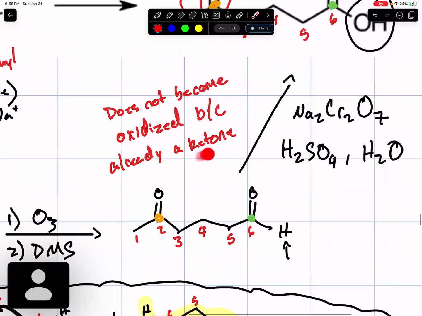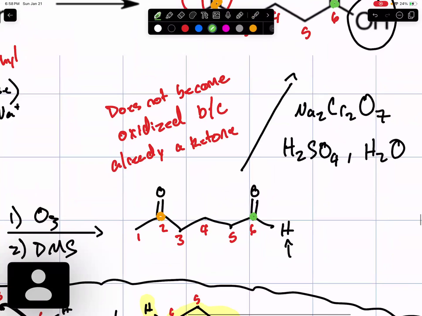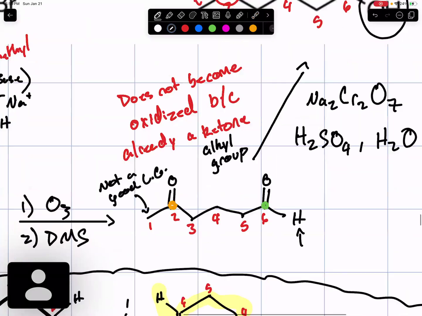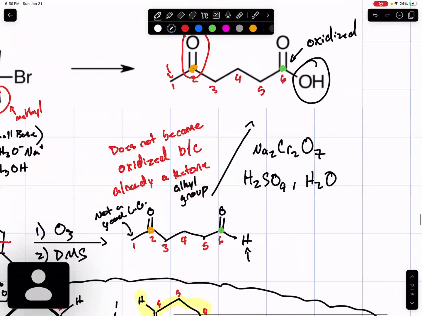But because it's a ketone, and more specifically, it's an alkyl group, it's not a good leaving group. Therefore, it cannot be oxidized any further, okay?